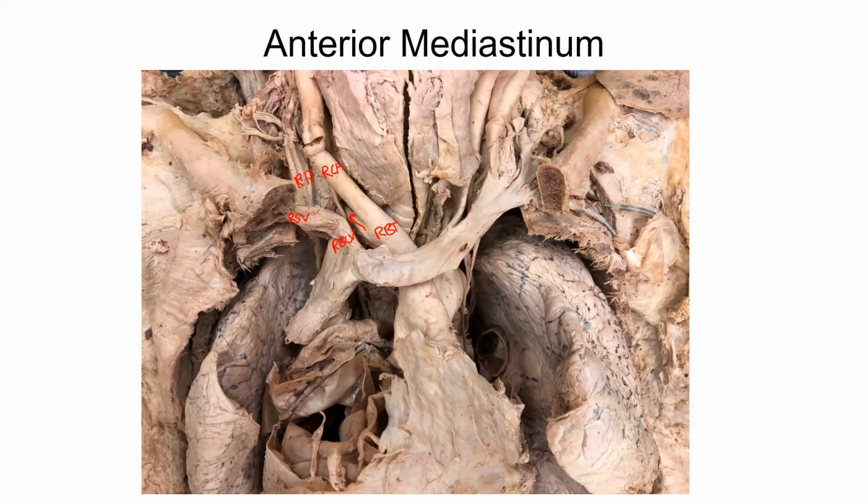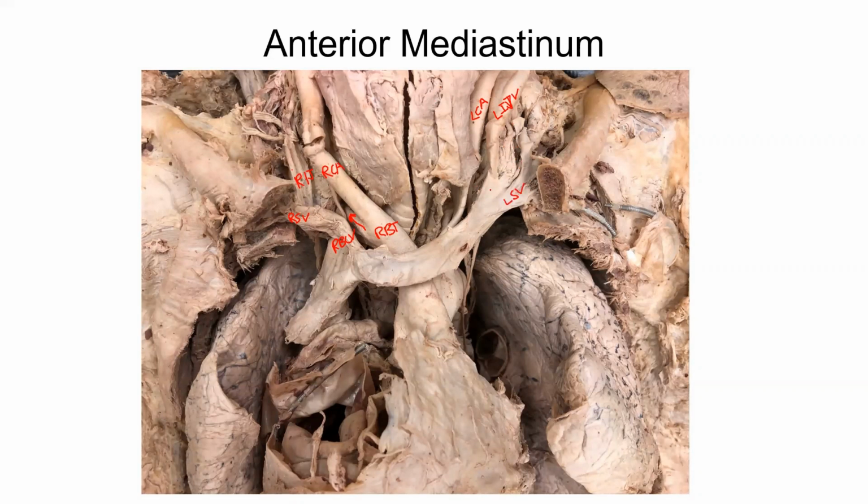And then on the left side, we've got the left common carotid. Going deeper here, or more medial, left common carotid artery. Left internal jugular vein. And then we can also see the left subclavian vein.